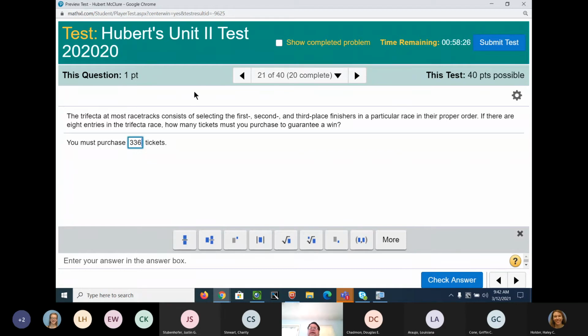And let's say that the 3 dumbest, laziest horses come in first, second, and third. Is she going to win a lot of money? Yes.